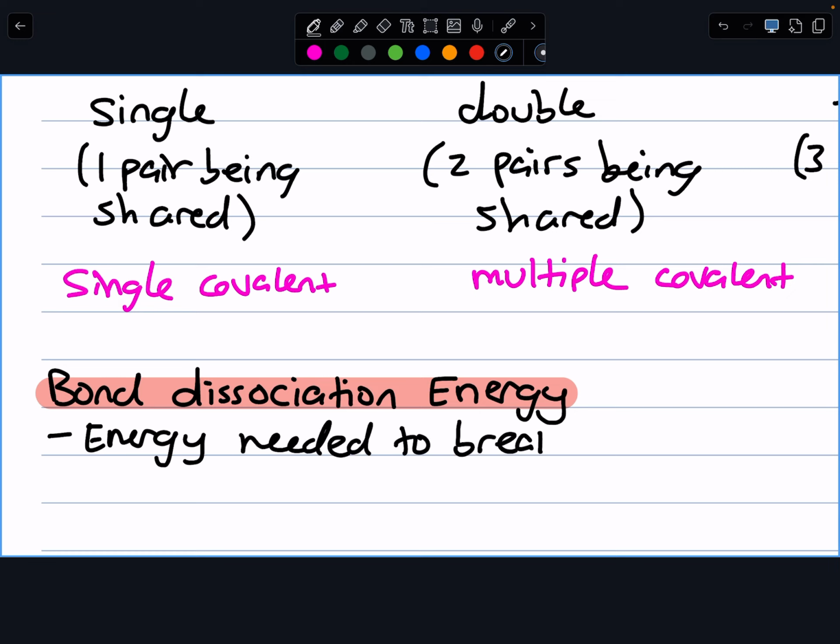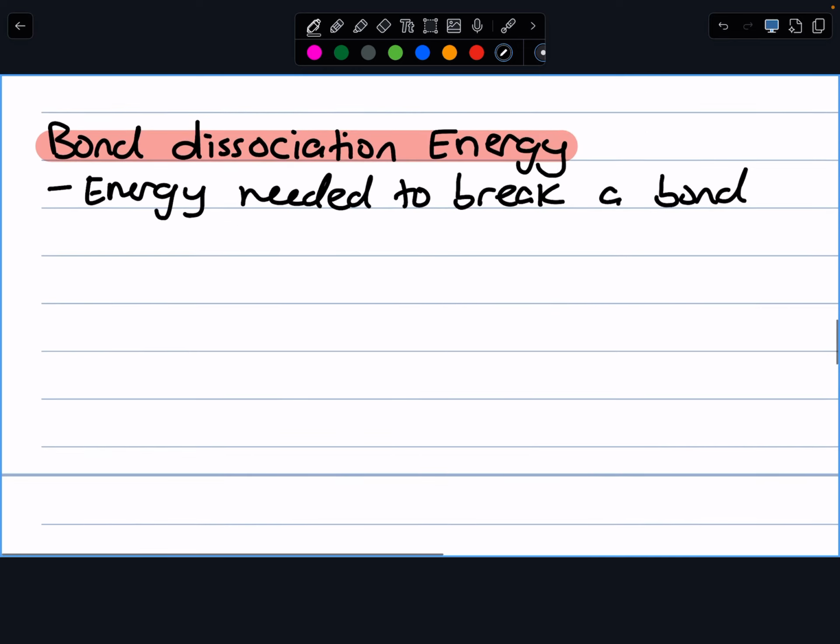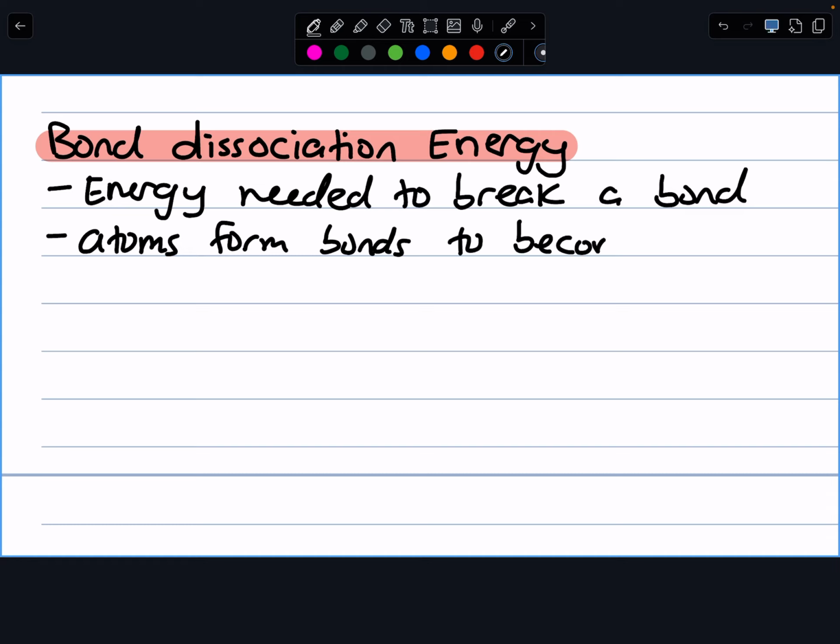So remember, what's the point of atoms bonding? To become octet, right? So they become stable. So atoms form bonds to become more stable.